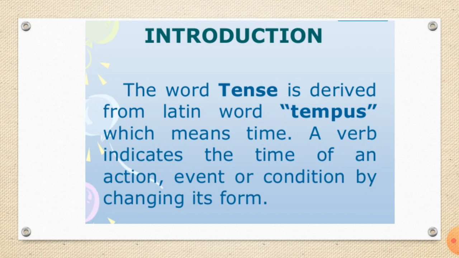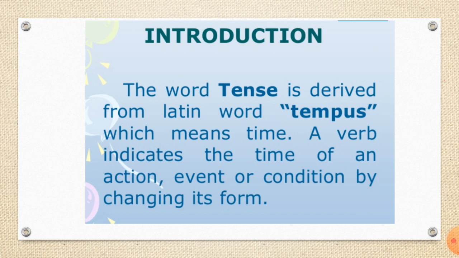The word tense is derived from the Latin word tempus, which means time. A verb indicates the time of an action, event, or condition by changing its form. And the word tense refers to the different forms of a verb which tell us when the action referred to happens before, at the time of, or after the moment of speech.